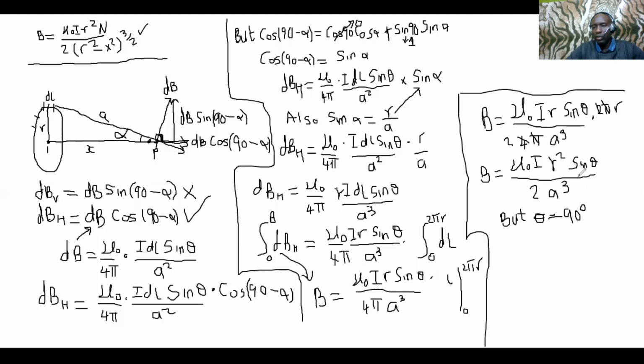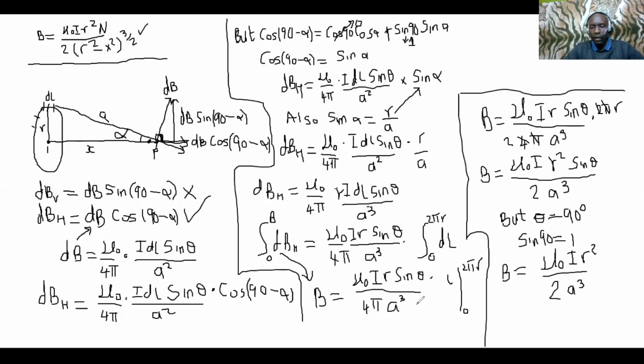If we substitute here, sine of 90 gives us 1. The expression remaining is B equal to mu naught I R square over 2A cubed.